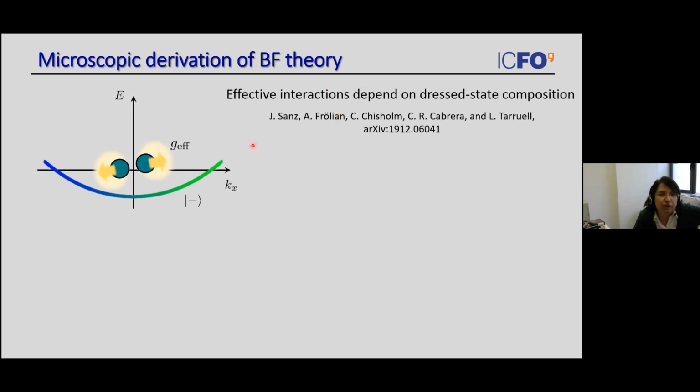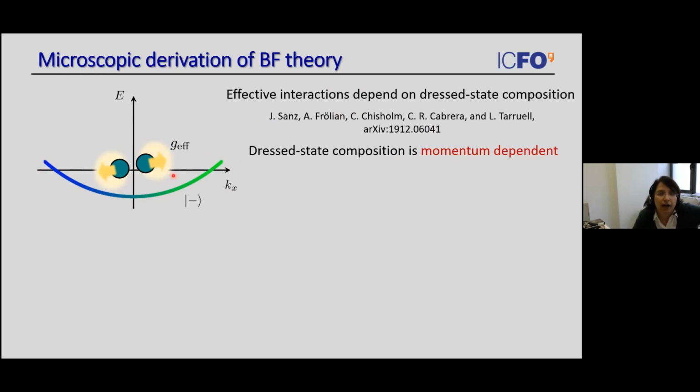The new thing that comes when you have optical coupling is that this dressed state composition is momentum dependent. So these effective interactions become momentum dependent. Here, for positive large momenta, you will interact mostly like the green atoms, and here mostly like the blue atoms. So your interactions can change if you move around here.